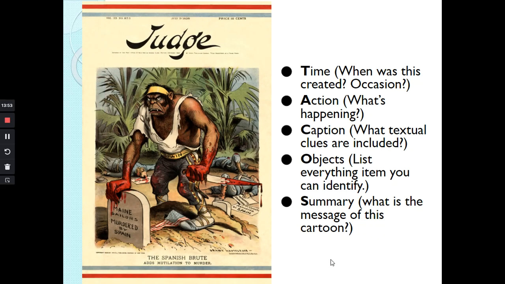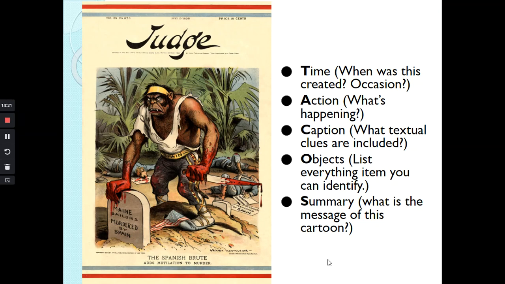Now, here we're moving into the next part of imperialism. We've talked about Alaska, we've talked about Hawaii, and now we're going to talk about the very, very important war, the Spanish-American War. And as you can see by this political cartoon, the villain here, according to the cartoon, is the country of Spain.